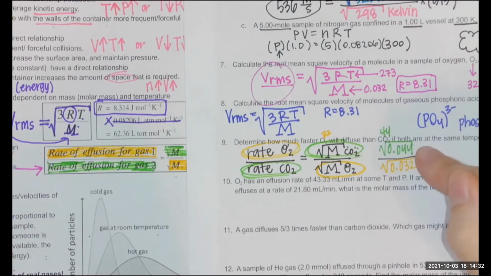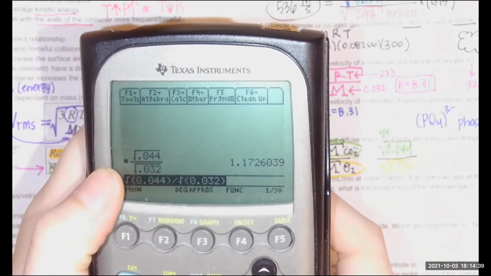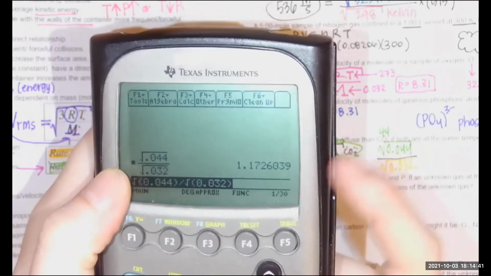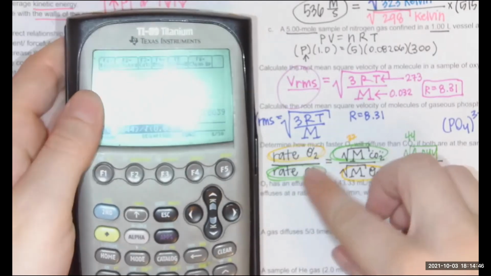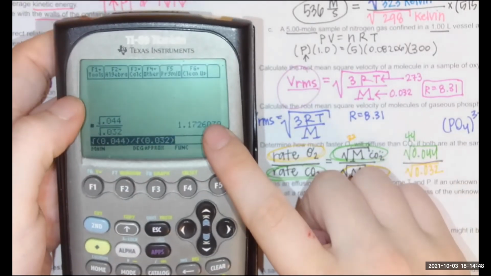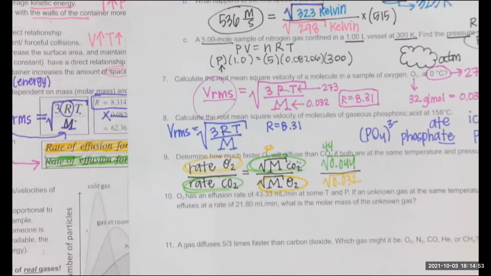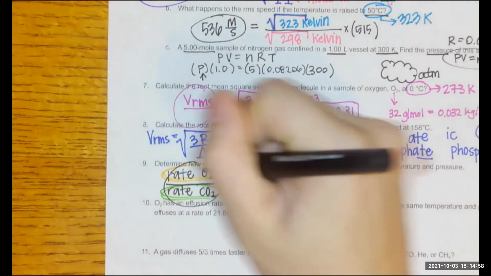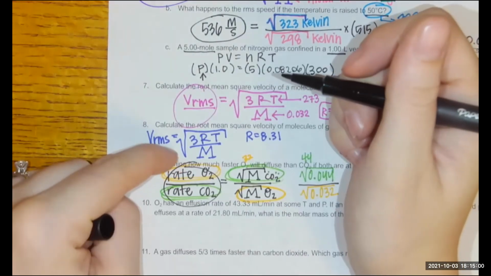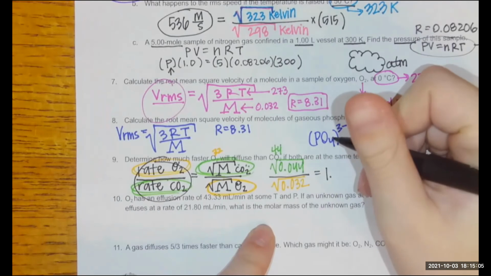When I punch this in the calculator, I'm getting that this comparison is 1.172. What that's saying is that the rate of oxygen compared to the rate of CO2 is 1.17.